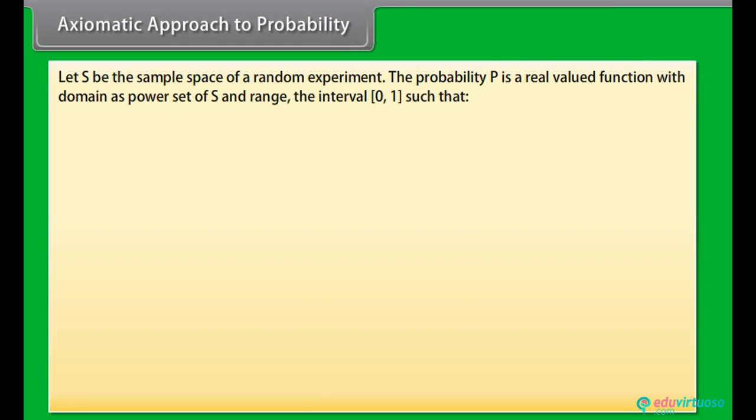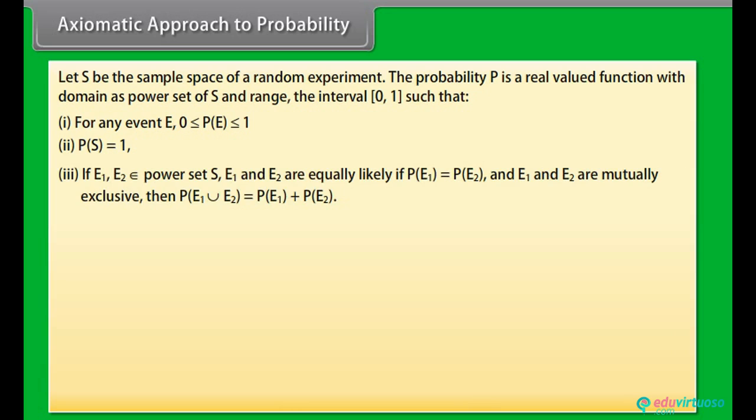Axiomatic approach to probability. Let S be the sample space of a random experiment. The probability P is a real valued function with domain as the power set of S and range the interval [0, 1], such that: 1. For any event E, 0 ≤ P(E) ≤ 1. 2. P(S) = 1. 3.